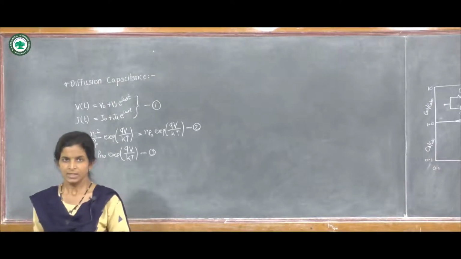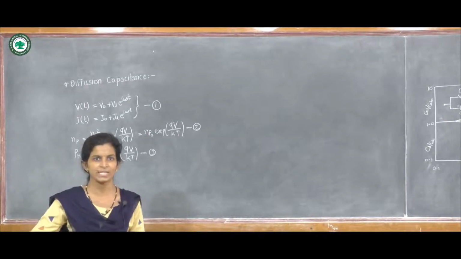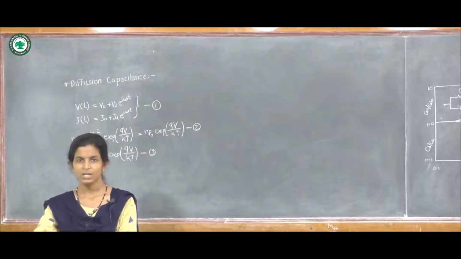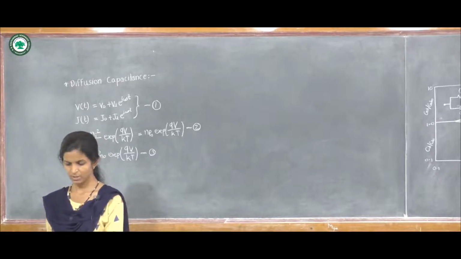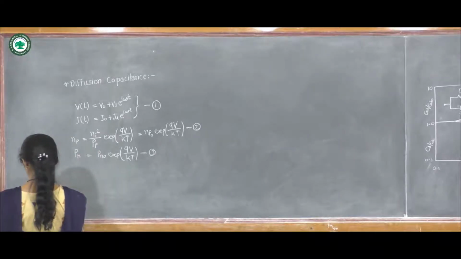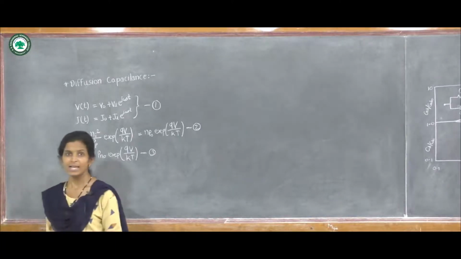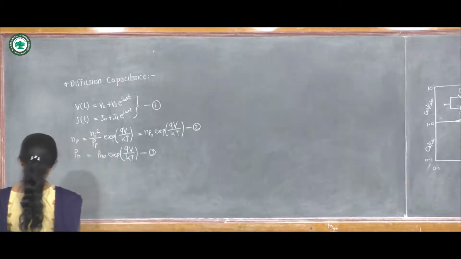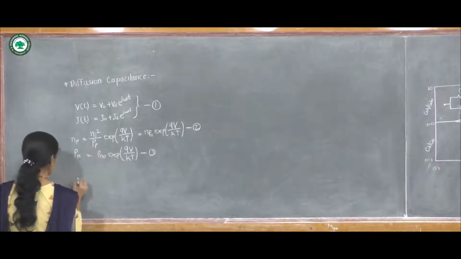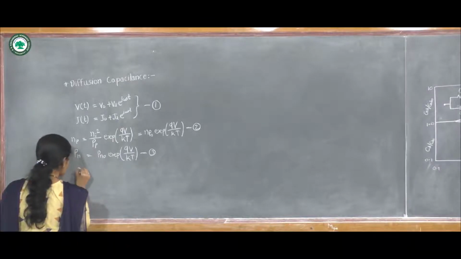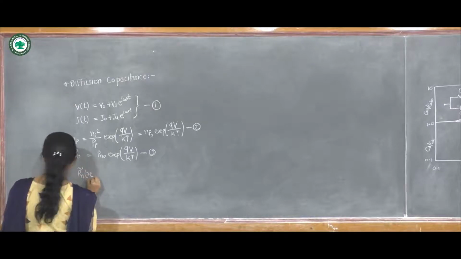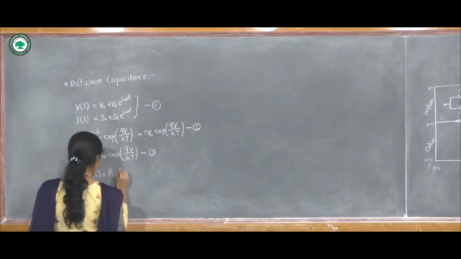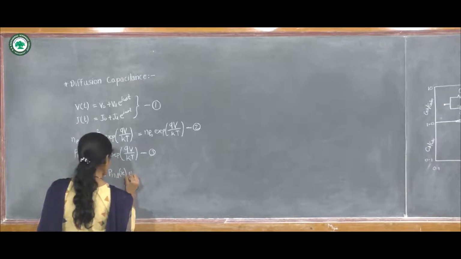By using V0 + VL e^(jωt) instead of V in these equations, the small AC signal component of hole density is given by Pn,AC(x,t) = PnL(x) e^(jωt).